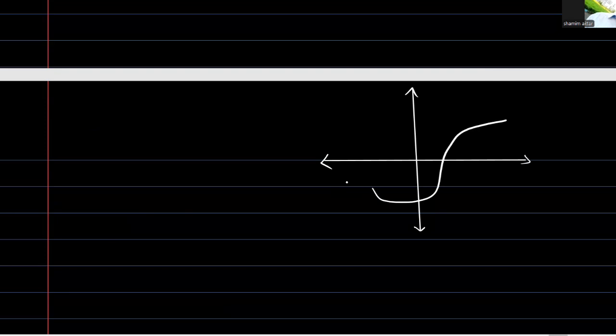we mean that suppose here is my x-axis and here is the y-axis. Okay, and suppose this is the graph of the function f of x.